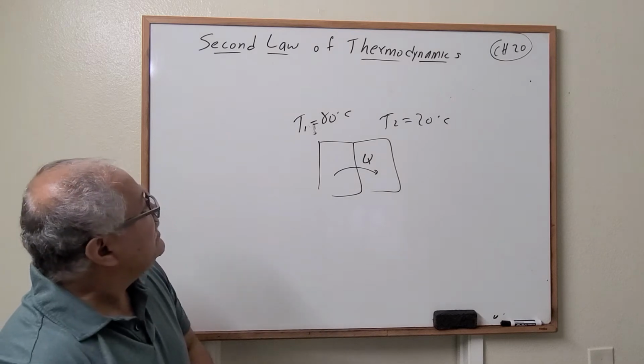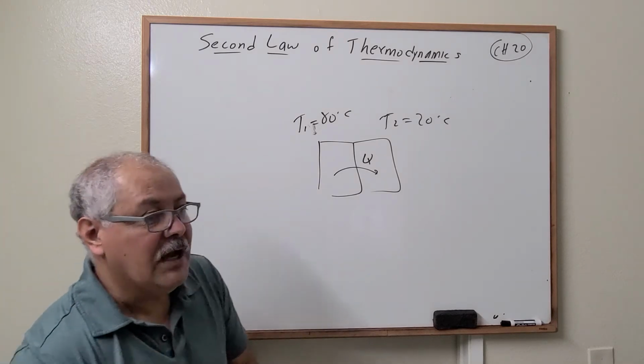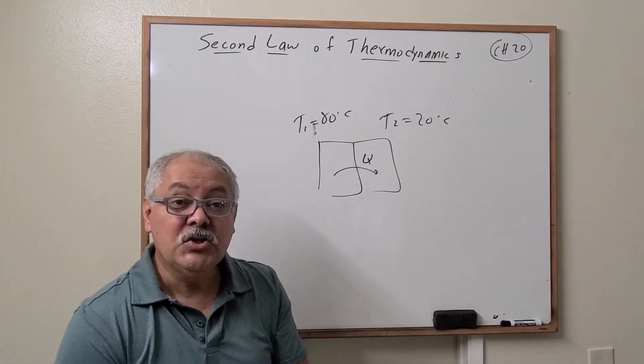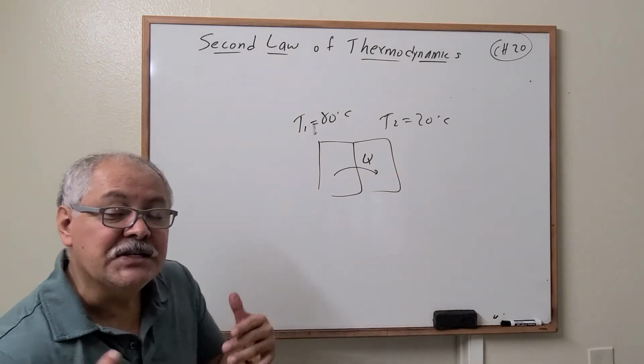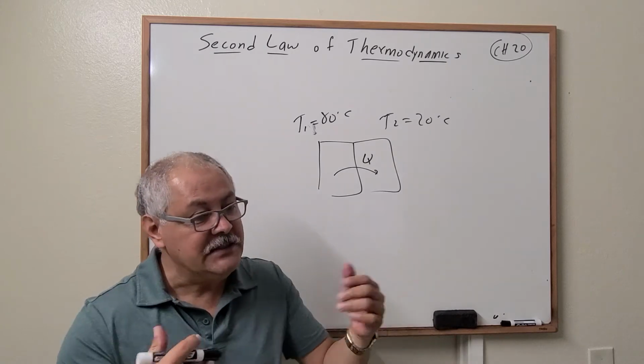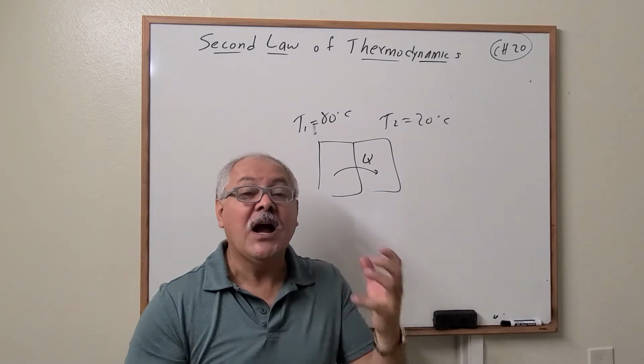When we're dealing with the second law of thermodynamics, we also relate this to the efficiency of a heat engine. A heat engine is defined as a device that converts heat into mechanical work.